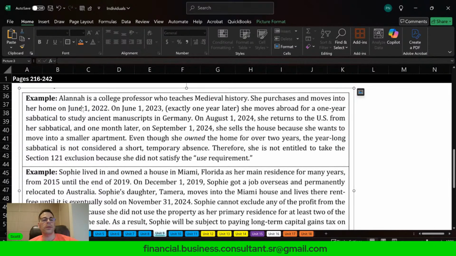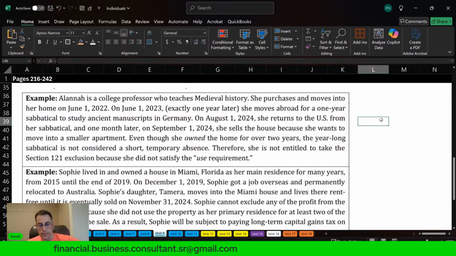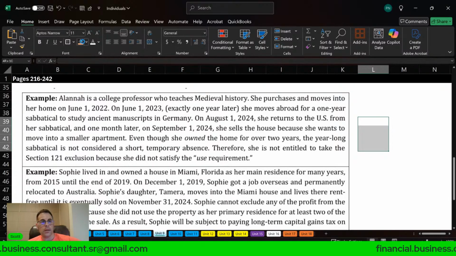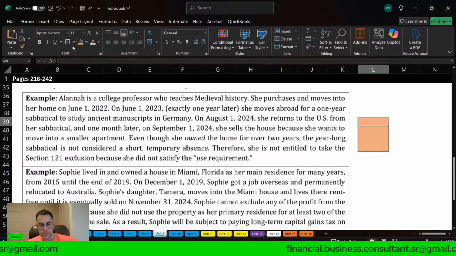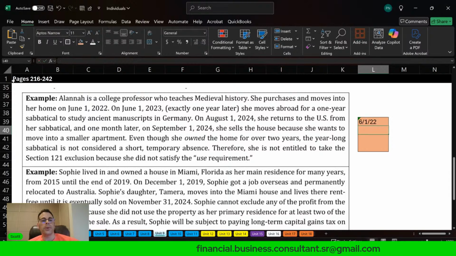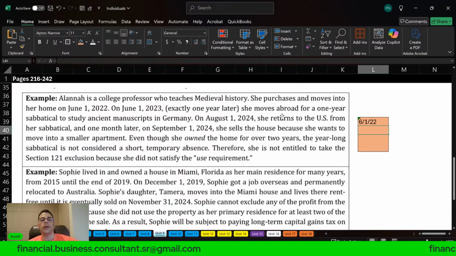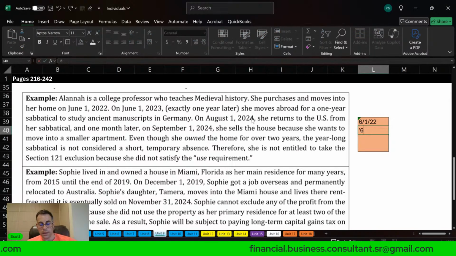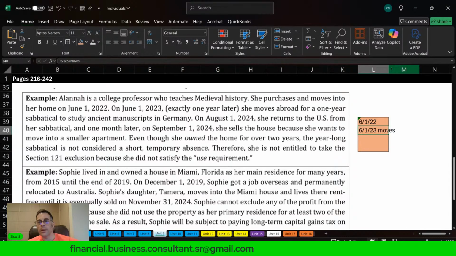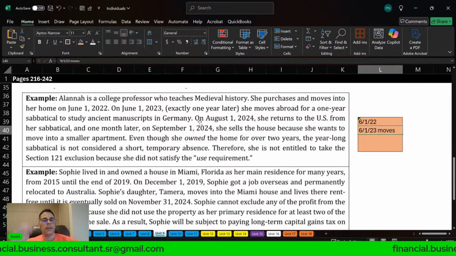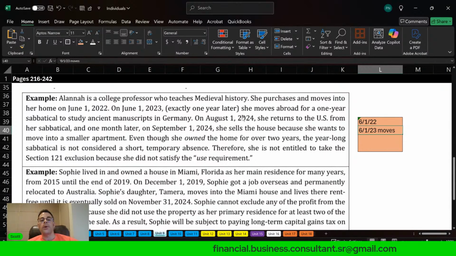She purchases and moves into her home on 6/1/2022. On 6/1/2023, she moves to Germany. On August 1st, 2024, she returns to the U.S.